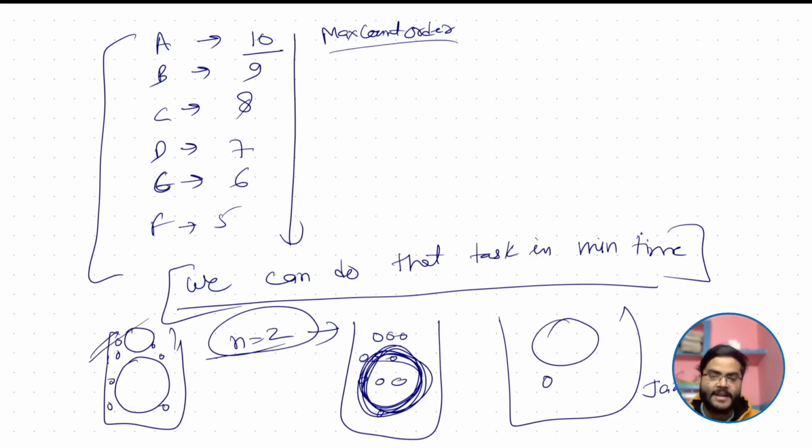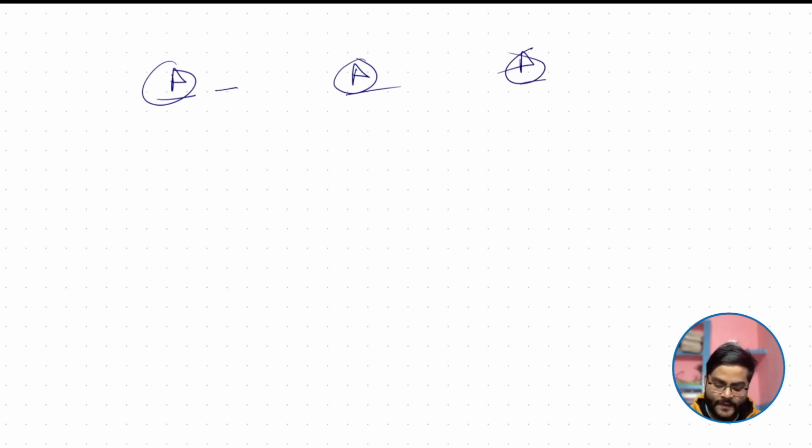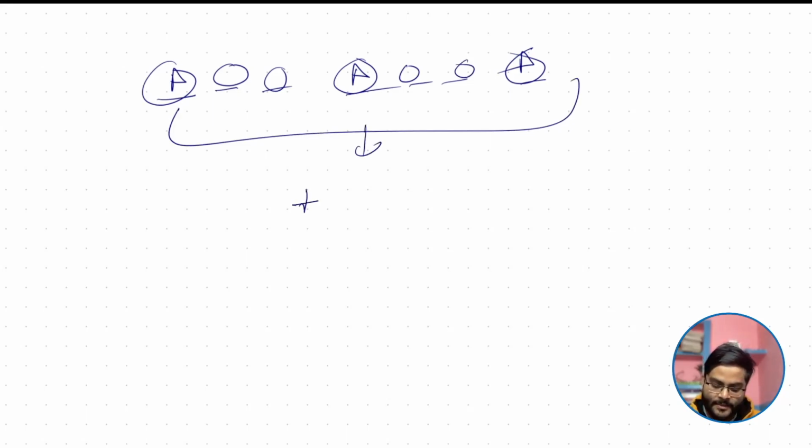So that will be the better idea. That's what we are doing here. In between the bigger task, whatever the maximum task is, if we keep doing this regularly, and in between we perform different tasks, then we will surely get the tasks done in minimum time. So this is our intuition.